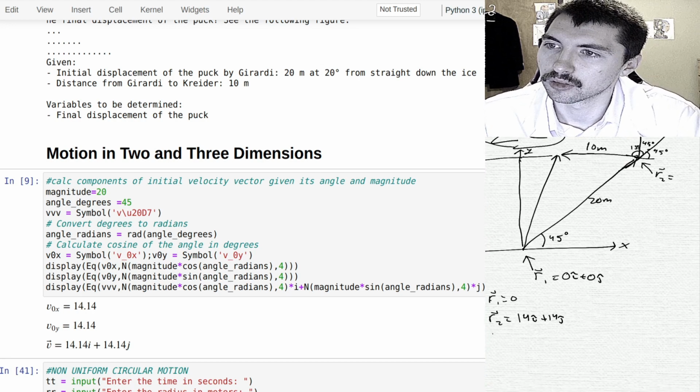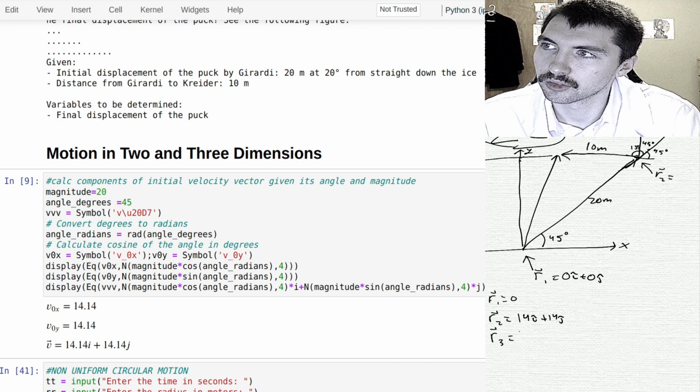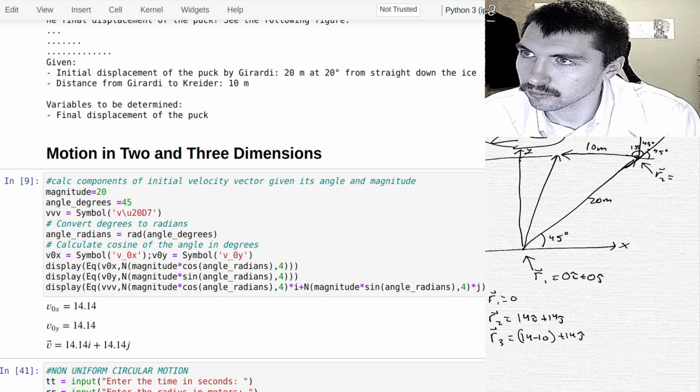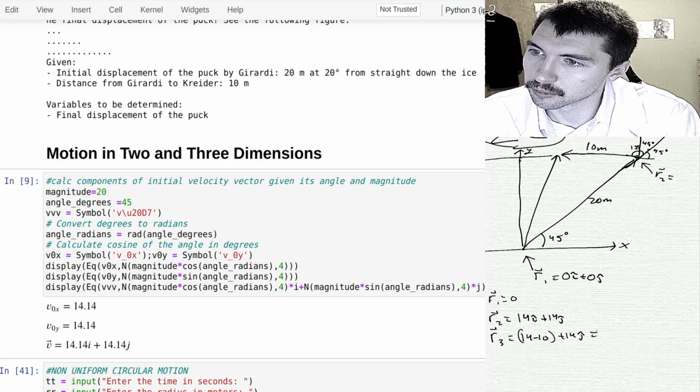So let's say R3 is 14 minus 10. Okay. So that's going to be 4i.